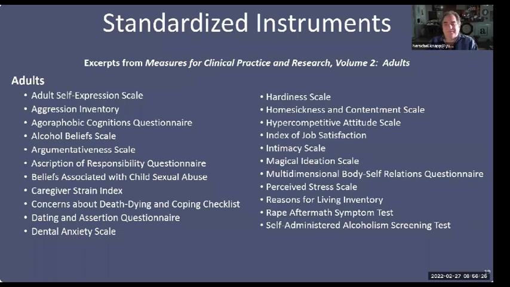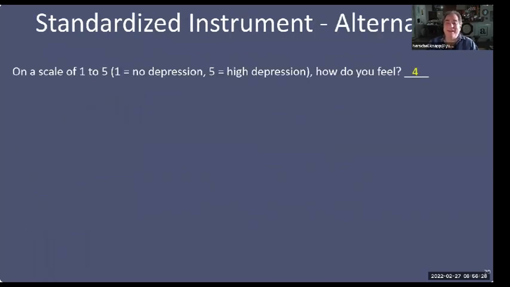Okay, so let's take a look at an entirely different way to go. We saw that the BDI includes 21 multiple choice questions that takes a little bit of reading to get through to administer that metric. But here's an alternative to a standardized instrument. What if instead of that, we reduced it to one question?